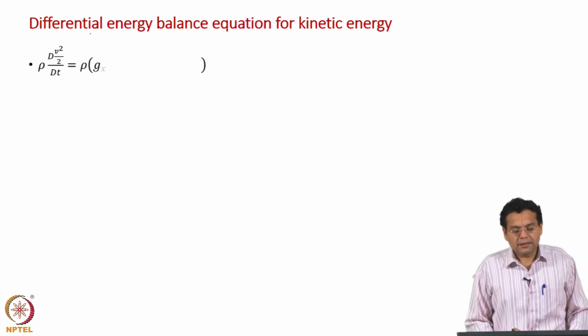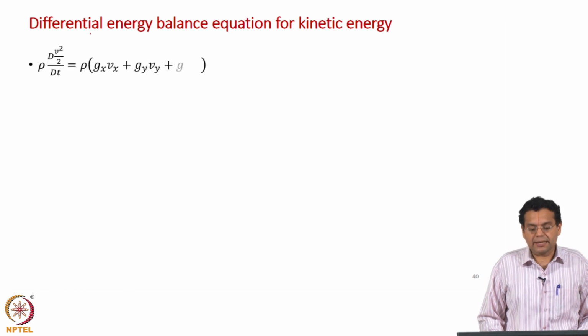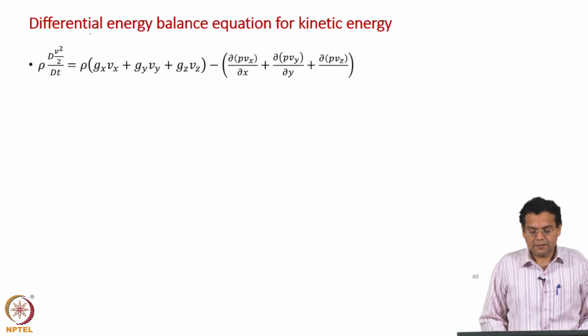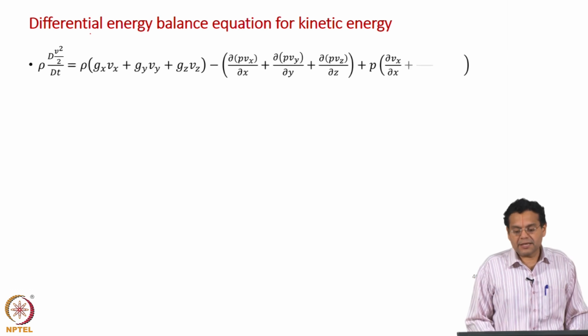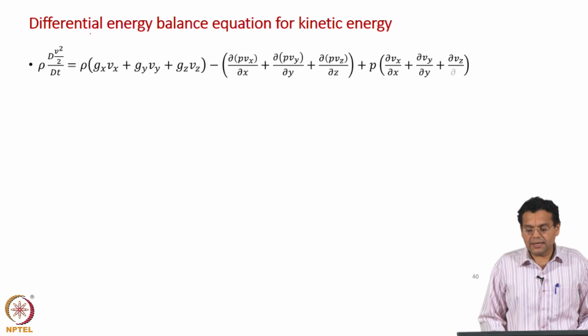That is the differential energy balance equation for kinetic energy. The left hand side is in terms of the substantial derivative. We express the left hand side in terms of the transient term and then the convection terms.